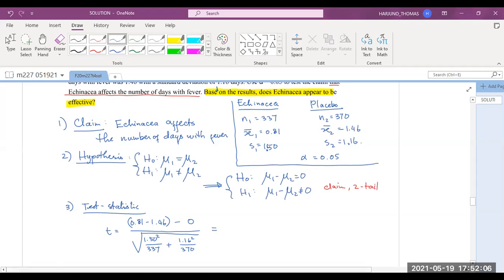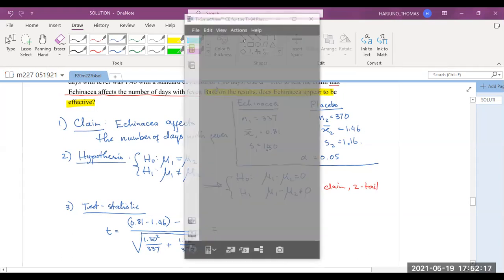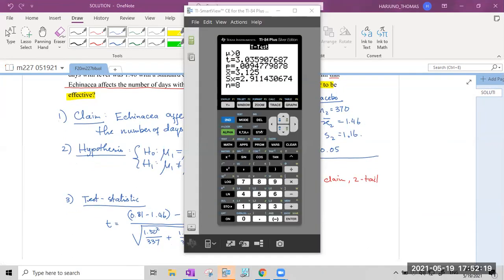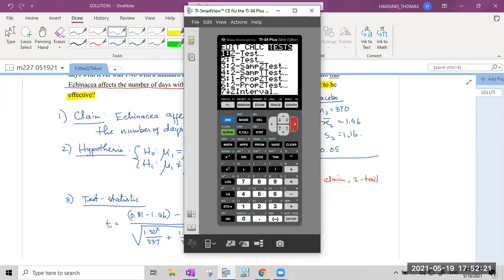Okay, I will just use my calculator. I do the test right away. So stats, test, this is the 2-sample t-test. So you need to know what to use if you use a calculator.